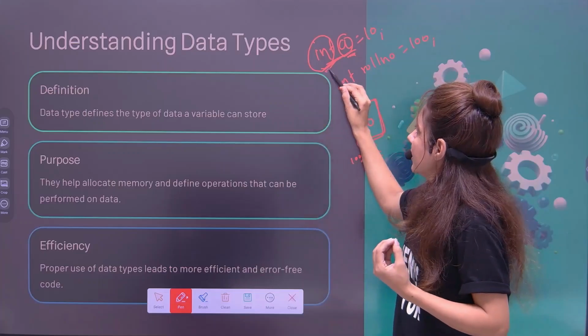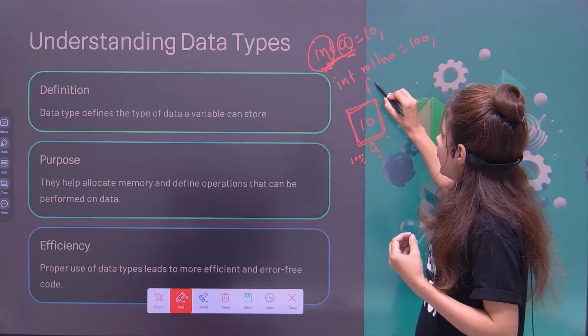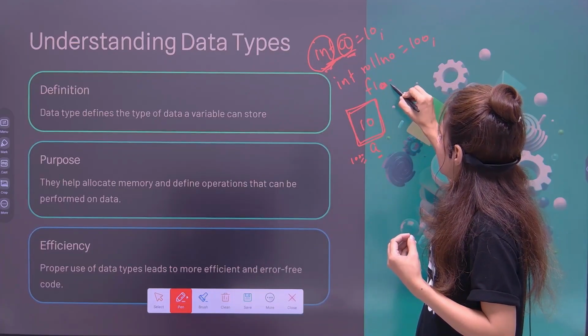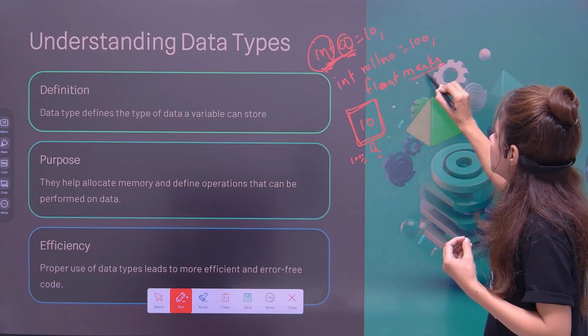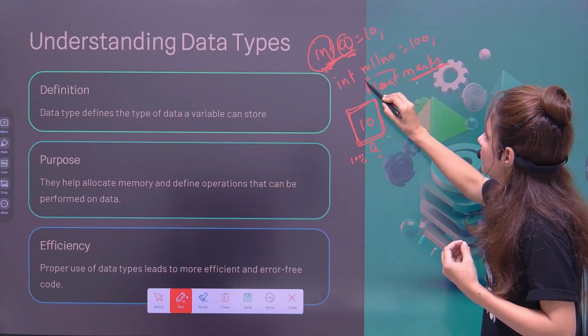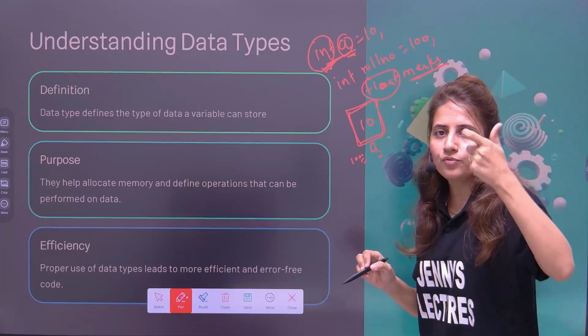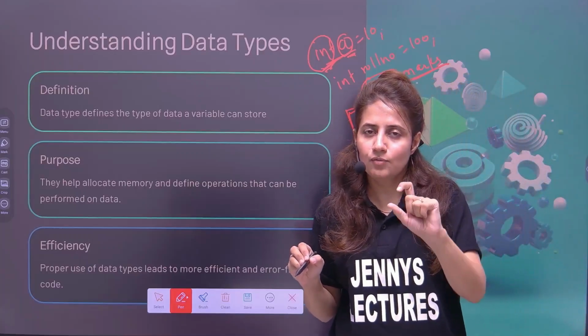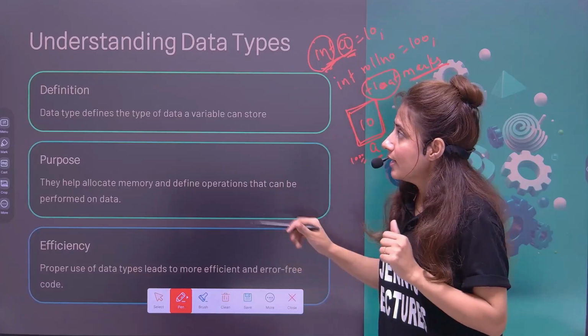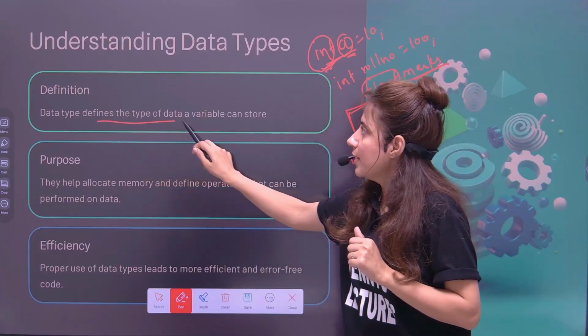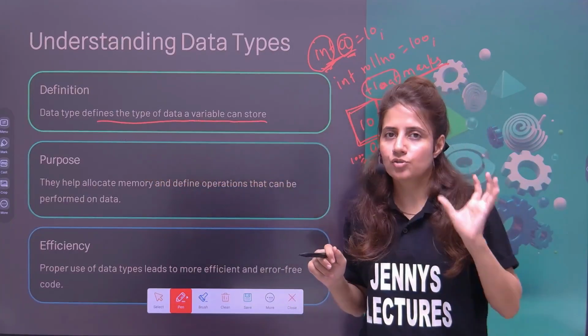Or if I write float marks, it means marks is a variable and this variable can store float type of data, meaning decimal numbers. So a data type basically defines the type of data a variable can store.